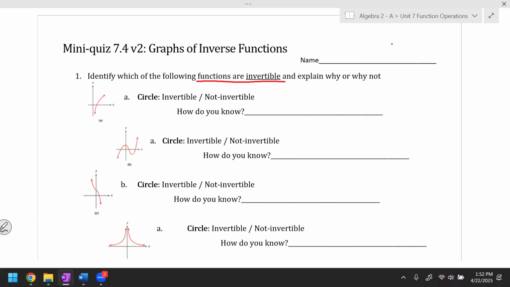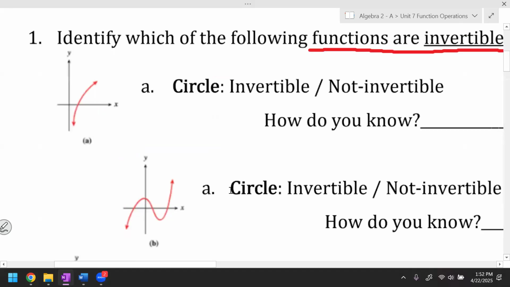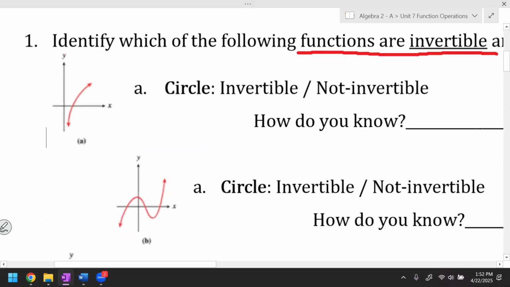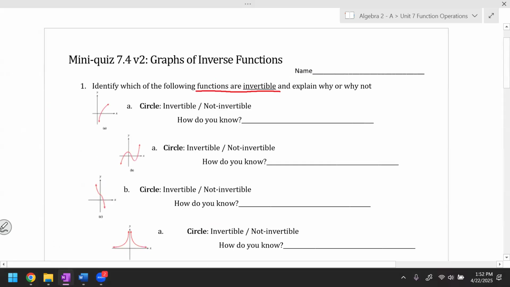Now, this is a little small, but if I zoom in here, this graph would pass the horizontal line test. No matter how I pass a horizontal line through it, it never hits the graph more than once. So this is an invertible function because it passes the horizontal line test.